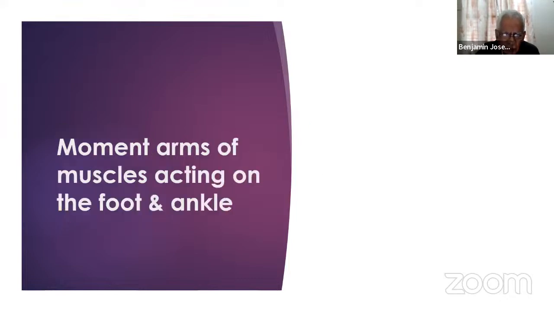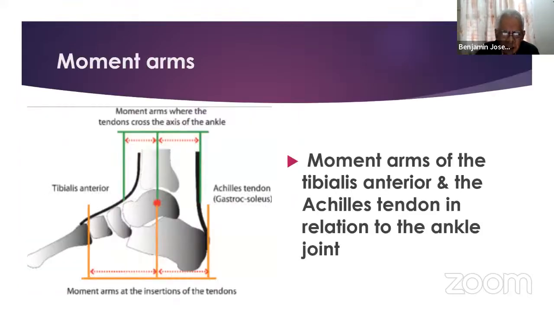Now, moment arms of muscles need to be understood when you're thinking in terms of tendon transfers. Here is a diagram to just illustrate this. I've just drawn the tibialis anterior and the Achilles tendon, shown a red dot to signify the point of rotation of the ankle joint in dorsiflexion and plantar flexion. And then you look at the green lines here, you can see that points to the position of the tibialis anterior and the Achilles tendon at the level of the axis of rotation.